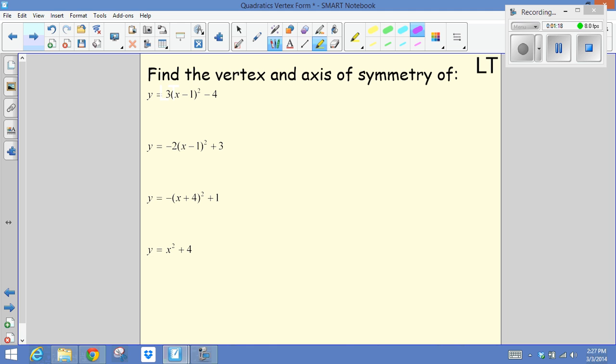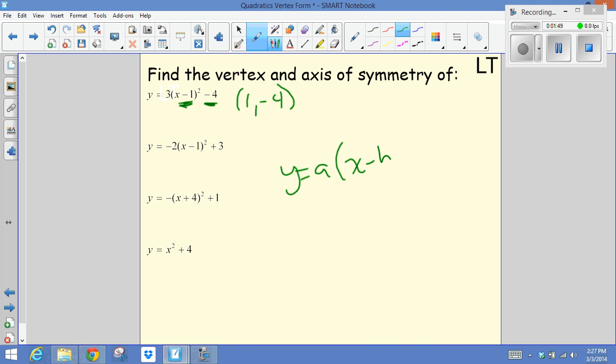So let's look at a couple of these first and just pull out the vertex and the axis of symmetry. Okay, the first one here, here's my h and my k, and so my vertex is going to be (1, -4). Now notice that I got the -4 here, but I didn't pull that -4 out of there. That's because, remember, the basic form is y equals a times (x minus h) squared plus k.